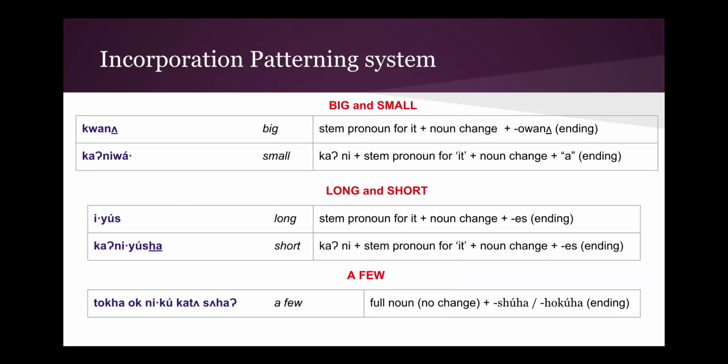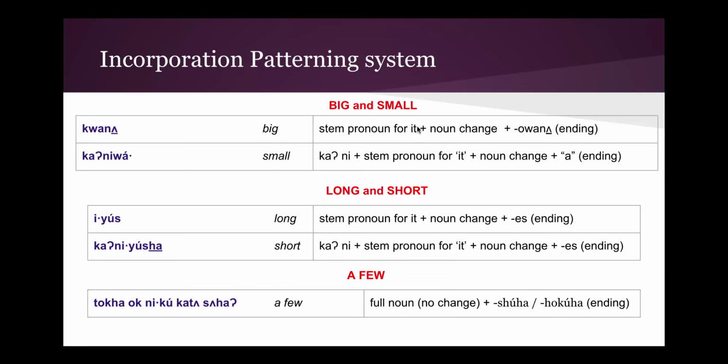And then doka nigu gadazaha just means a few, more than a few, which these two sounds on the end are used. So basically what we're going to do next is incorporate our nouns from before into these descriptors.